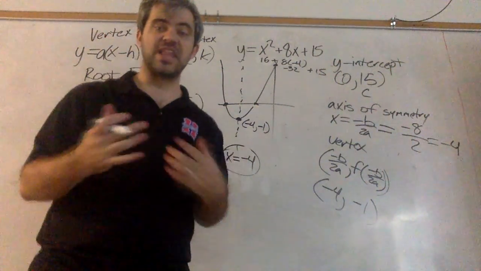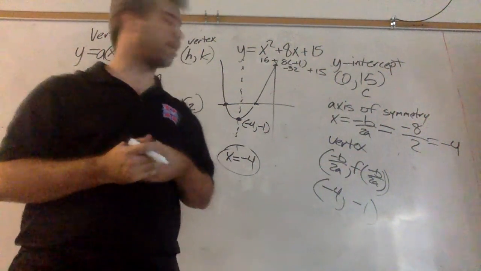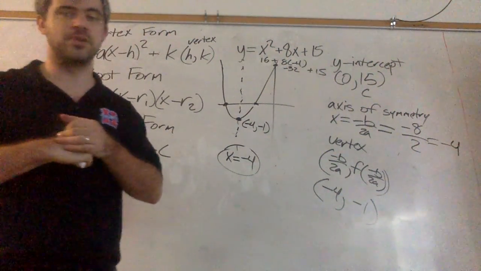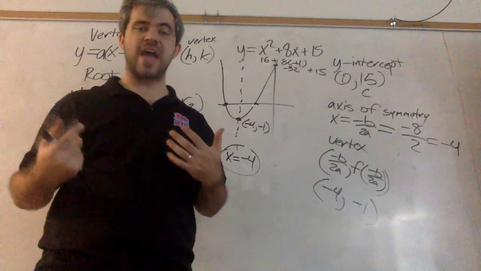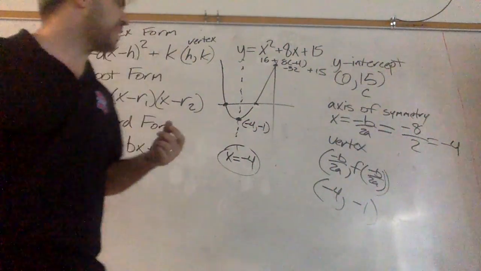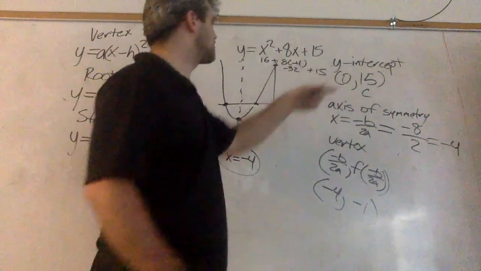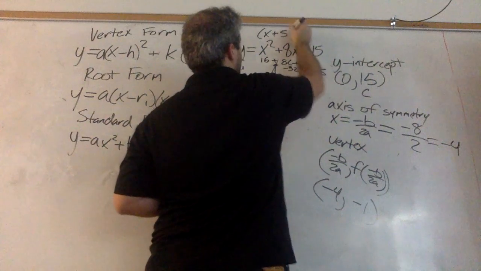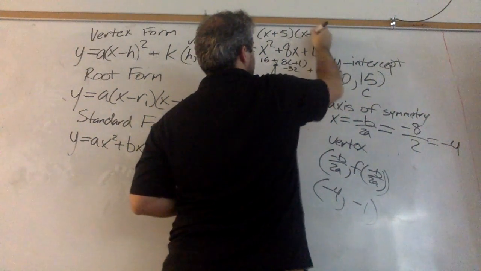All right. The last thing that we're going to want to find is our roots, our x-intercepts. They may refer to them either way. So we can find that either by quadratic formula or factoring. In this case, it looks like this can be factored: x plus 5, x plus 3.